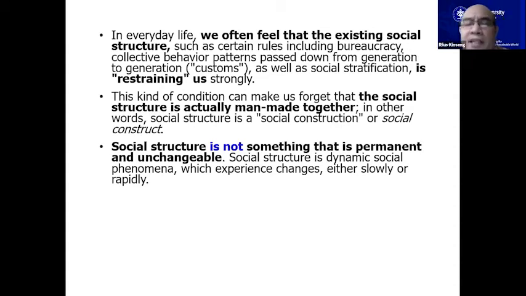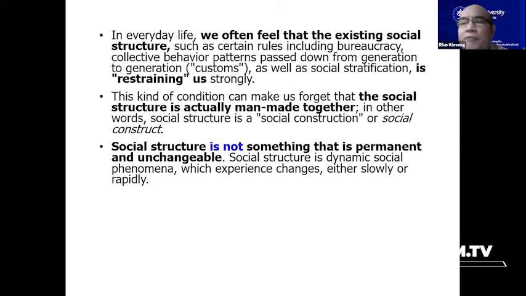So by understanding this, social structure is not something permanent and unchangeable. Social structure is dynamic, a social phenomenon which experiences changes either slowly or rapidly. I think this is very important for us when we face social structure.